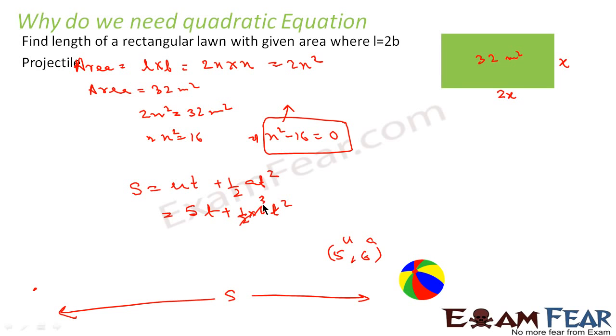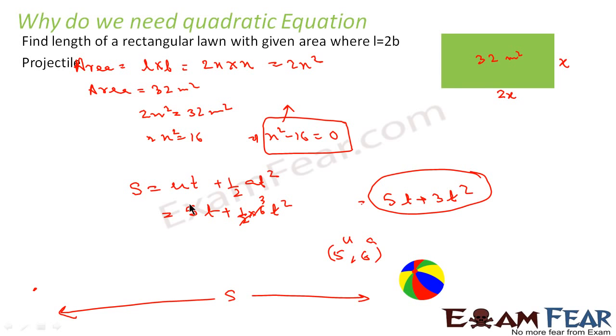Cancel, this is 3. That is nothing but 5t plus 3t square. This is of the form of quadratic equation, correct? So here also, if you want to find the distance, we'll use quadratic equation.